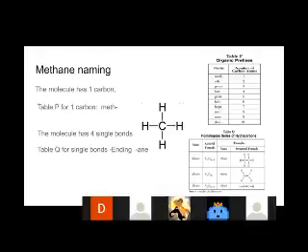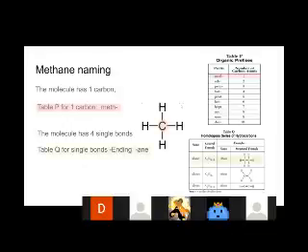All right, so methane naming, right? This molecule here, as drawn, has 1 carbon. So the prefix for 1 carbon in table P is meth. This molecule, as drawn, has 4 single bonds.